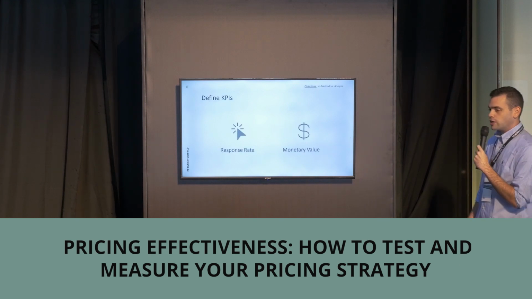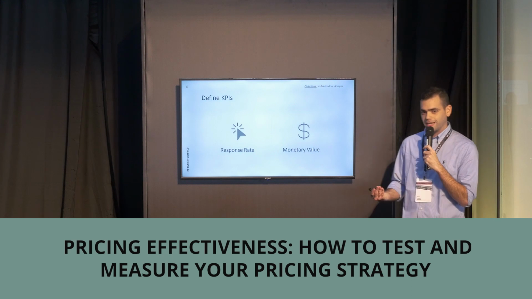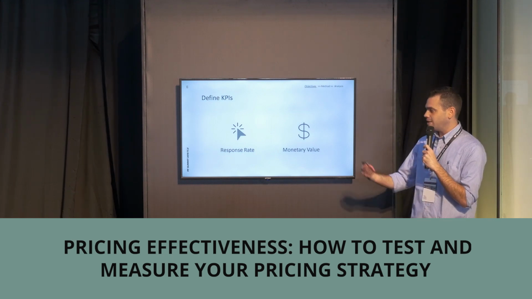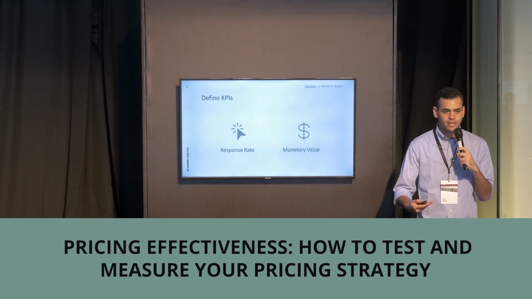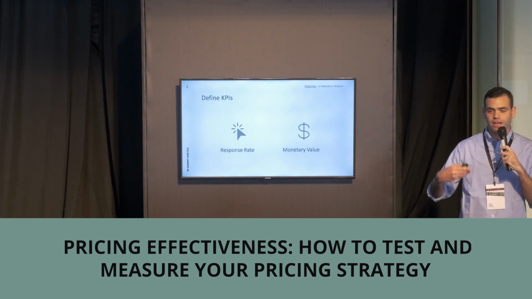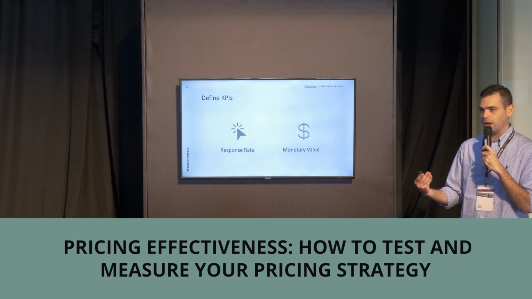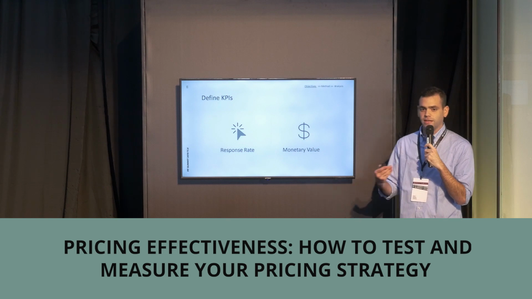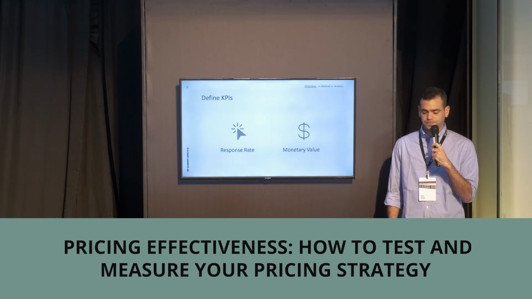So we recommend a combination between a response rate and a monetary value. When talking about pricing, usually the response rate is the conversion rate, how you manage to convert your customers with the new price. And the monetary value will be the revenue, profit, average income, and so on.